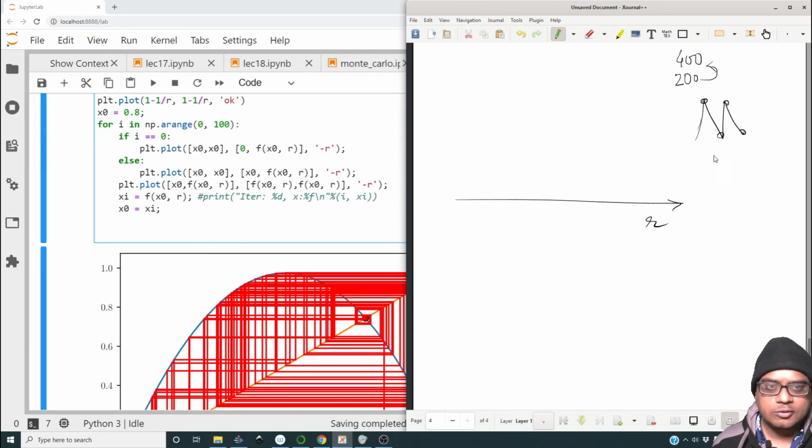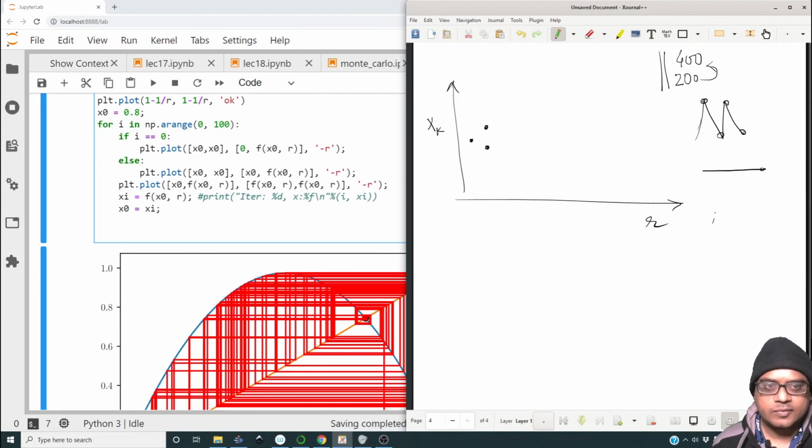If it goes into a 2 cycle, we'll see 2 points over here. So here is x k going from 200 to 400. If it settles down and goes flat, then we will see 1 point.